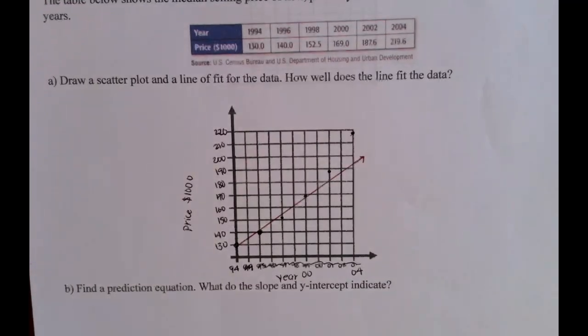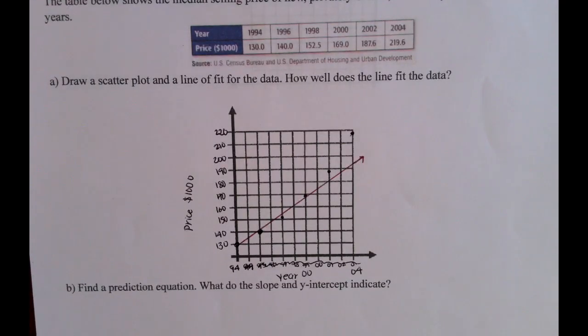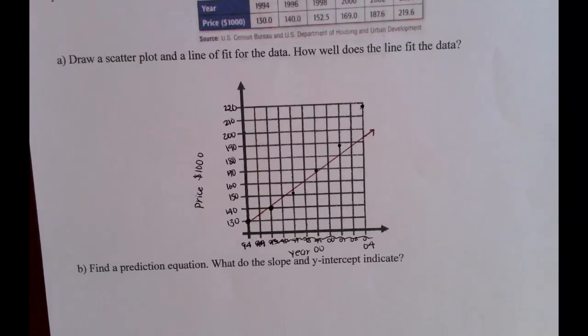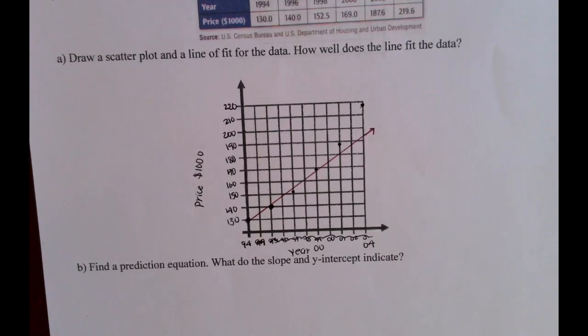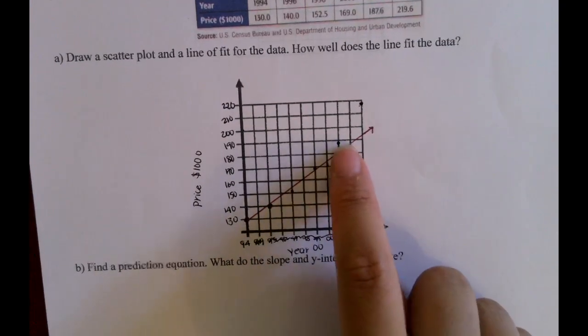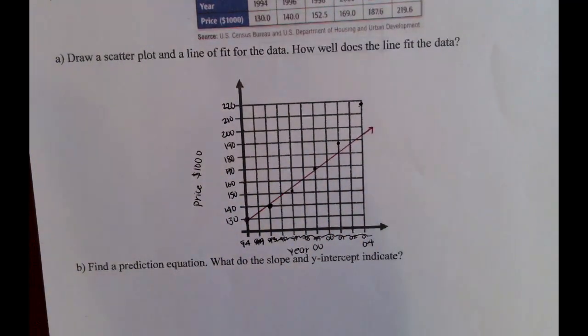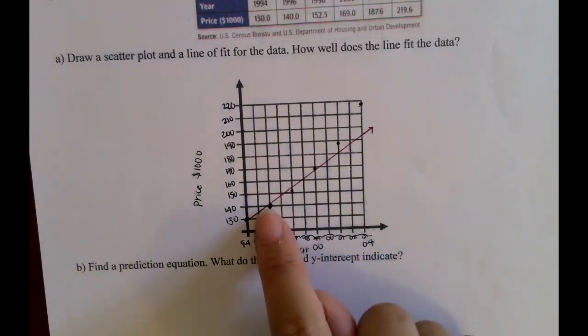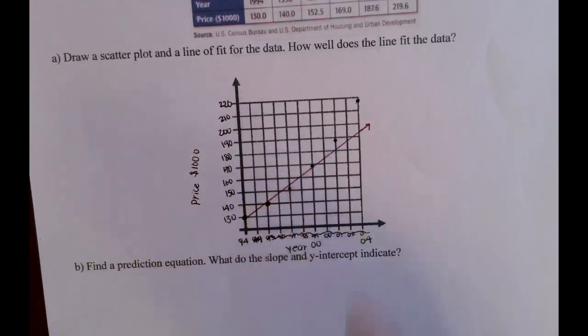Okay, so for this one, it's a little bit hard, and it depends which points you use, right? So the book chose to use this point and this point here. It's totally up to you how you want to do it.